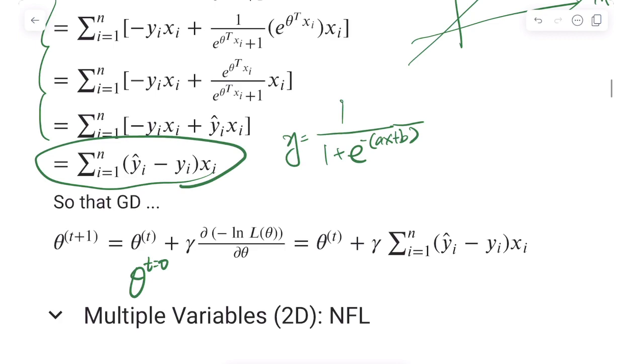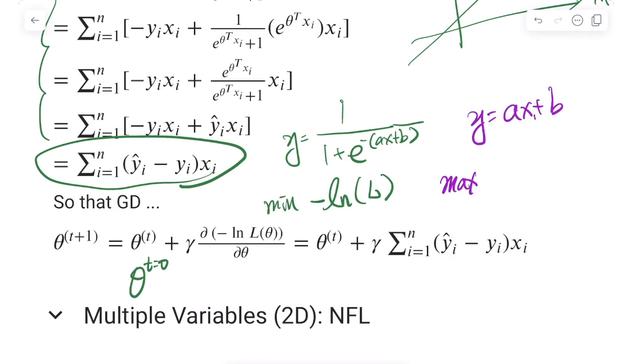Like we like to find the minimum minus log likelihood, right? So it's very similar to linear regression, where we use MSE, which is to find the minimum MSE, right? It's the same. The green part, the logistic regression, is very similar to the purple part, which is linear regression.